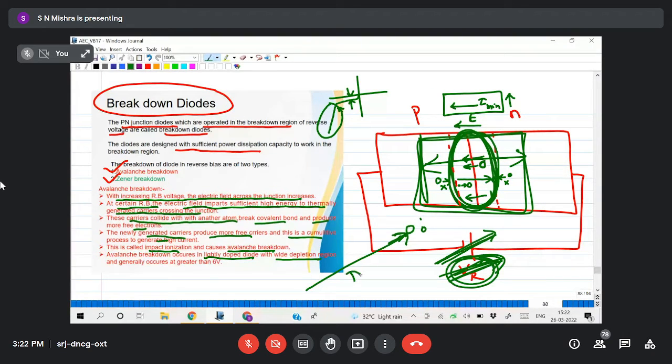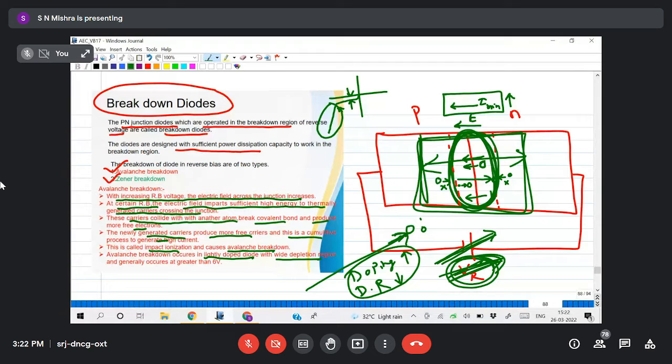So doping plays a very important role. Doping increase means depletion region decrease. This concept is used very much here. The diodes where we observe other types of breakdown like Zener breakdown are generally heavily doped diodes.